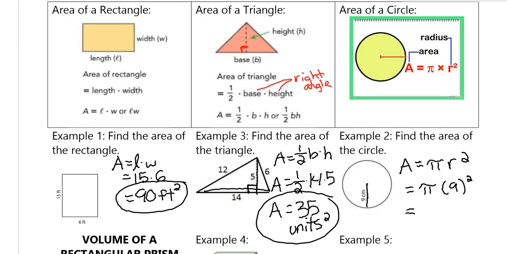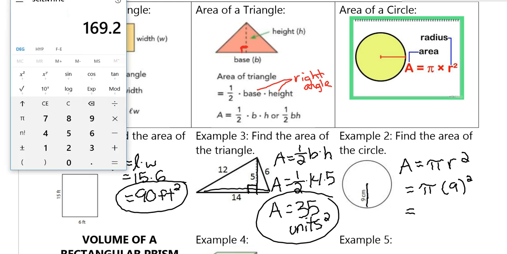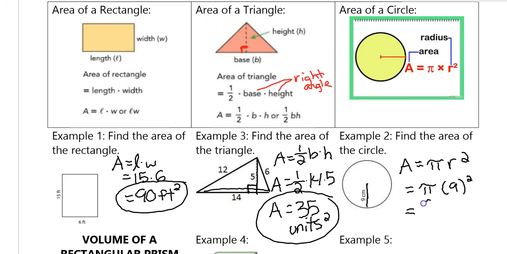I'm just going to do 9 squared, which is 81. So 81, we then attach pi to the end, and then I put my units. Okay, so that's a little different for the area of a circle. All right, so those are area formulas.